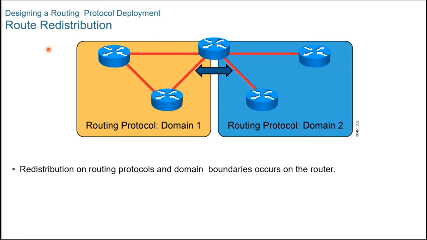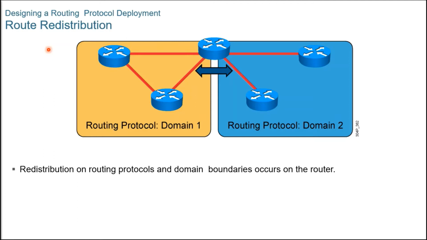Route redistribution. So the following are the possible reasons why you might need multiple routing protocols running at the same time within your network. Basically, the use of different routing protocols in a single autonomous system or within the organization is not recommended.